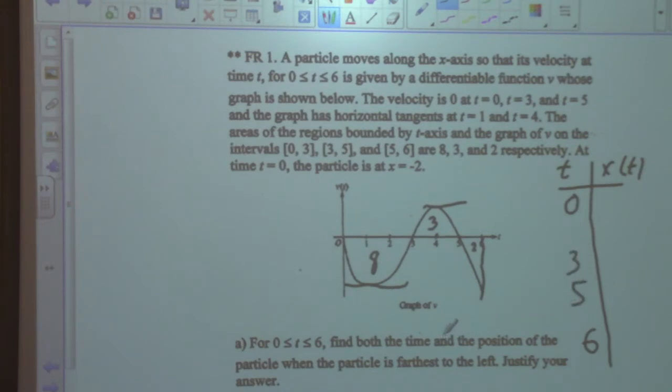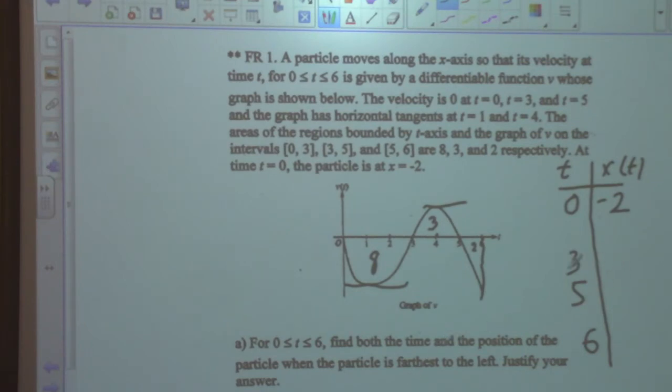So what is our position where t equals 0? So negative 2. Okay. So let's go ahead and fill in here.